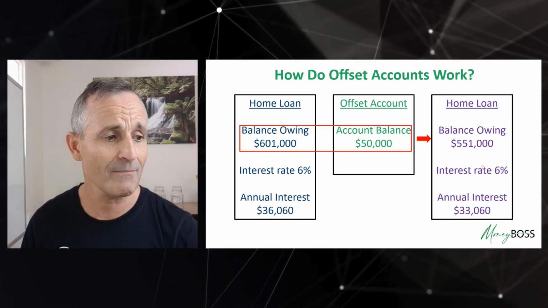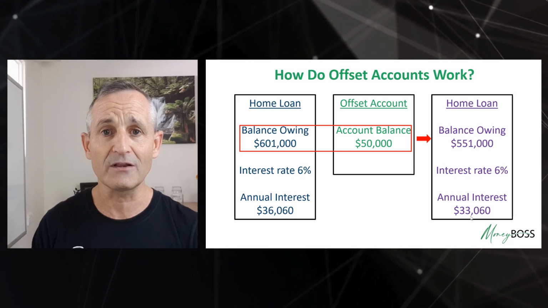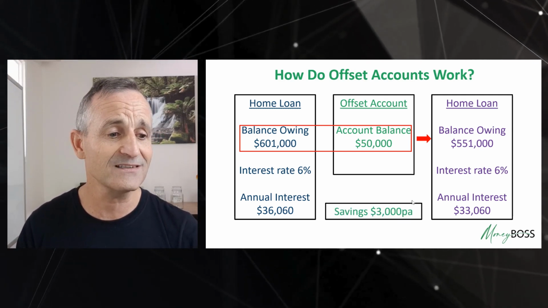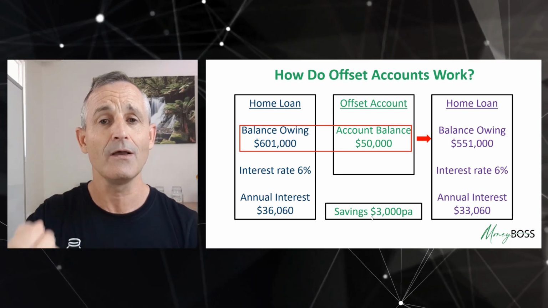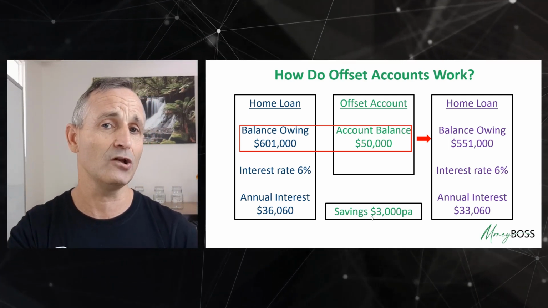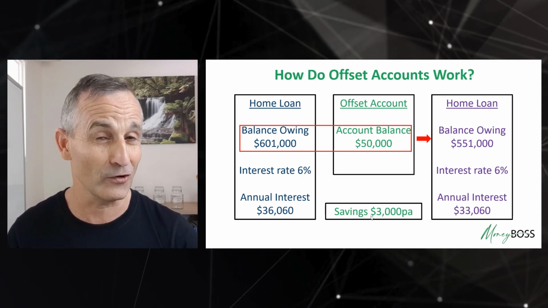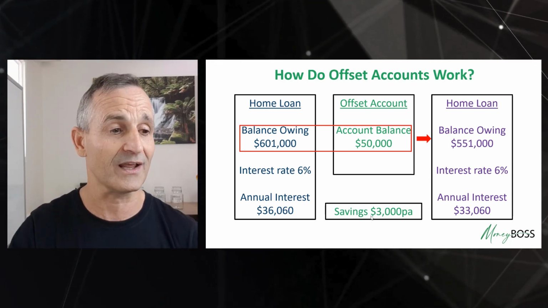So at 6%, that interest payment would be $33,060, which means that you've just saved yourself $3,000 in interest by having that money sitting in your offset account. Sounds pretty good, doesn't it? Just for simply using offset accounts.